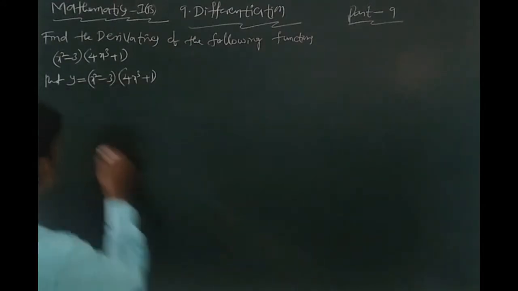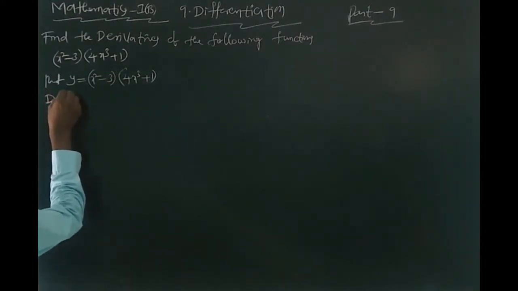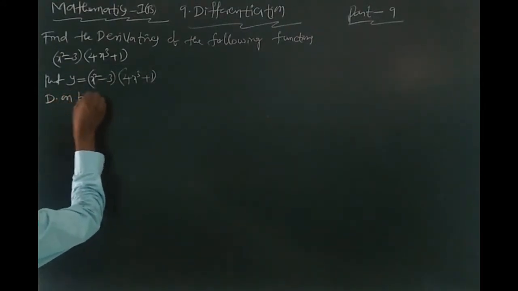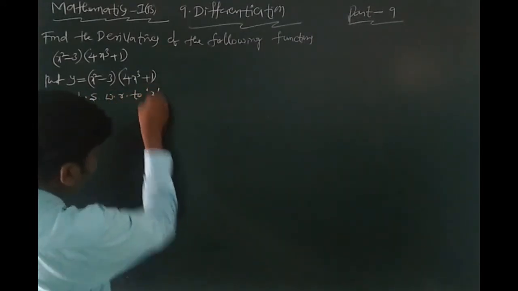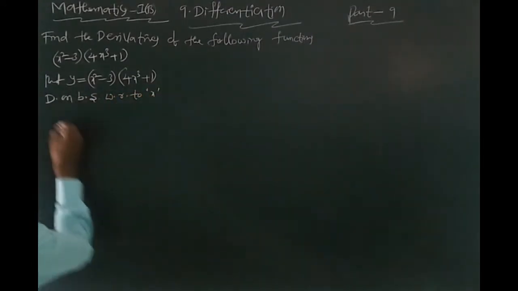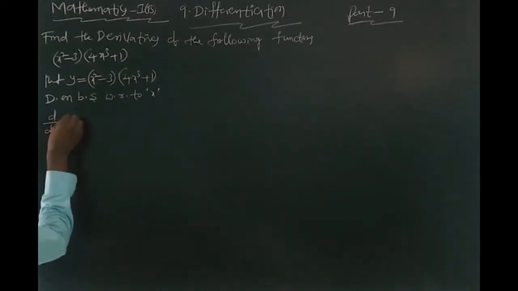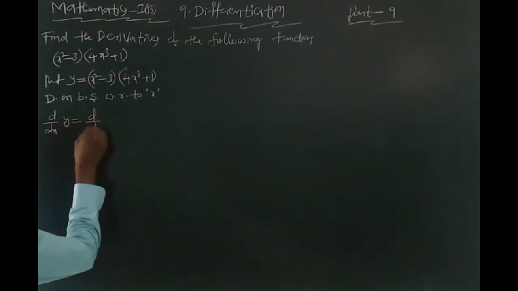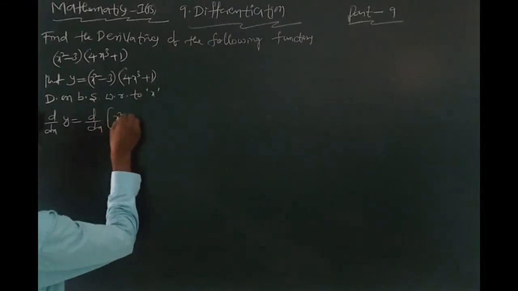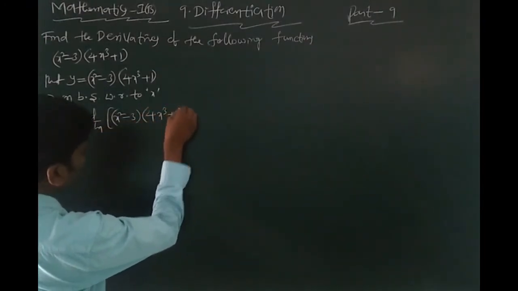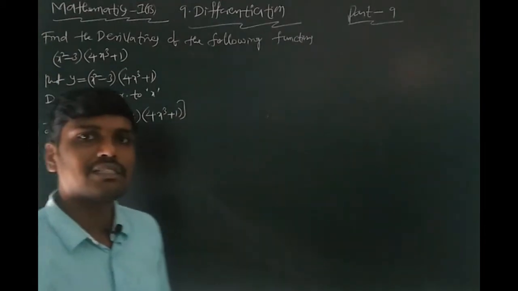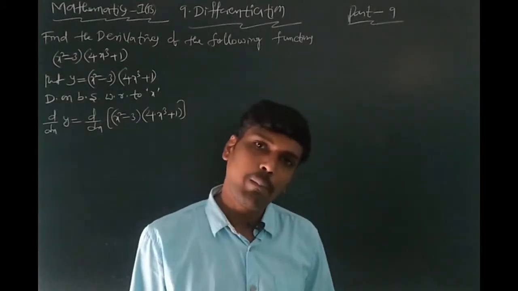After that, take the derivative on both sides with respect to x. d by dx of y equals d by dx of x square minus 3 into 4x cube plus 1.